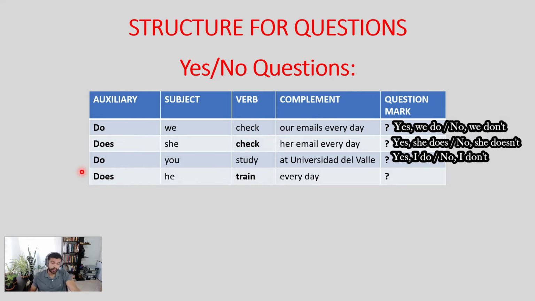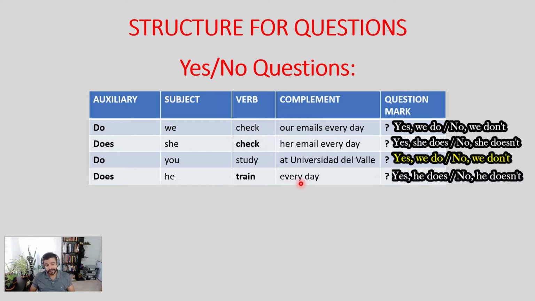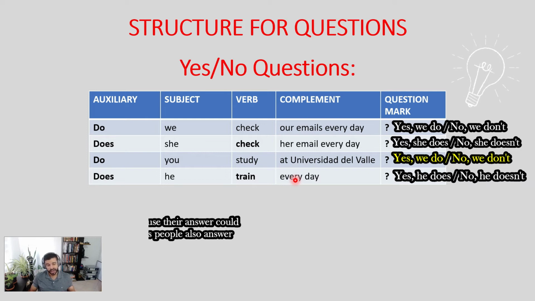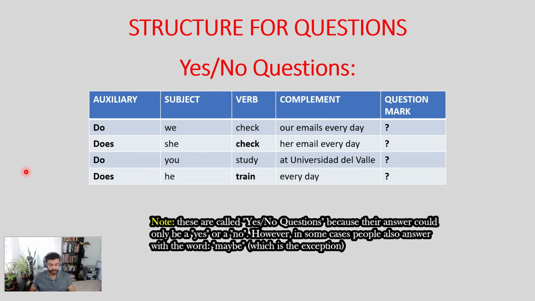Or it could be in plural, but remember that you could be singular, you, or plural, you, if there are many people. So, do you study at Universidad del Valle? If it is plural, the answer is yes, we do. Does he train every day? Yes, he does. No, he doesn't. Only possibilities, yes or no. Well, some people say maybe in some cases.